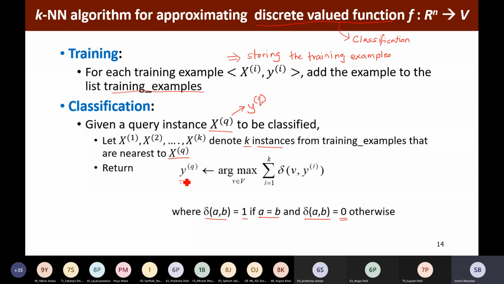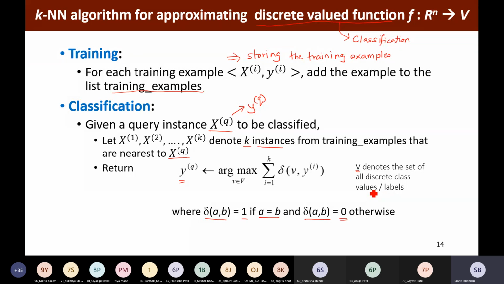How are we going to predict this yq? For every class, we find out how many of the k instances have that label. What is this V? Capital V denotes the set of all discrete class values or labels.